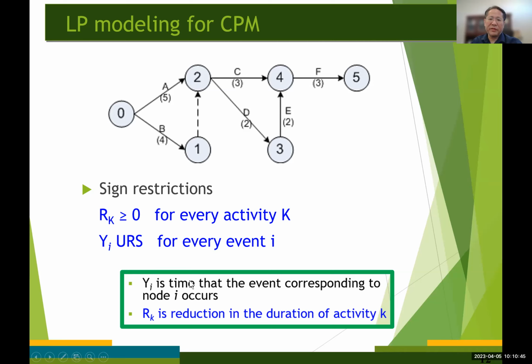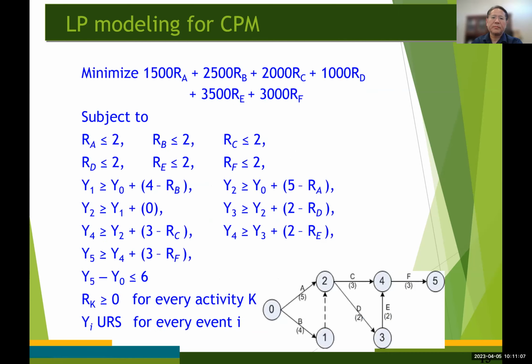And each event can begin at any point in time, in the past, present, or in the future, right? So the decision variables, y sub I, can take any positive and negative real values. So you need to specify these restrictions, okay? Okay, so putting it all together, this is the complete LP model for crashing the project.